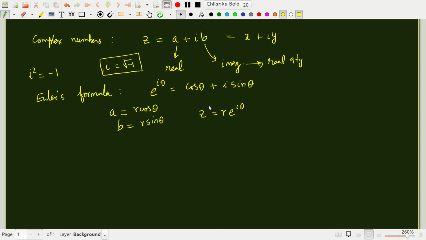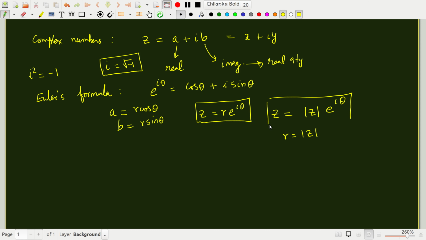This is called the polar representation of a complex number. So z is also written as the magnitude or absolute value or the modulus of the complex number times e to the i theta, where r is mod z. These are all the various representations and notations used to represent complex numbers.